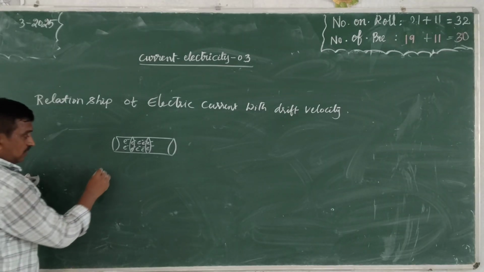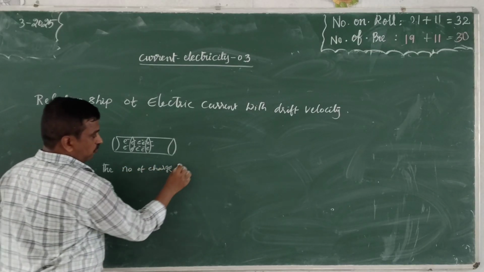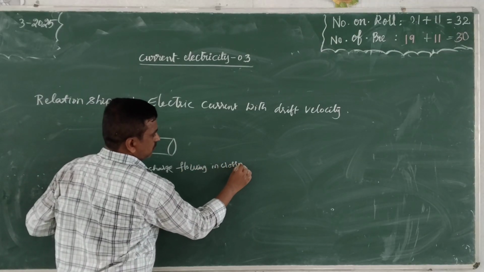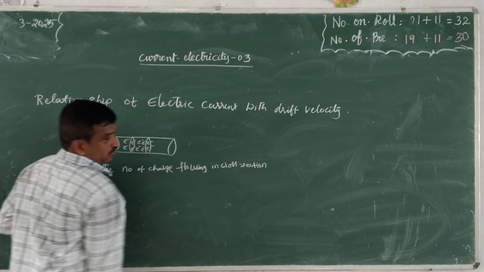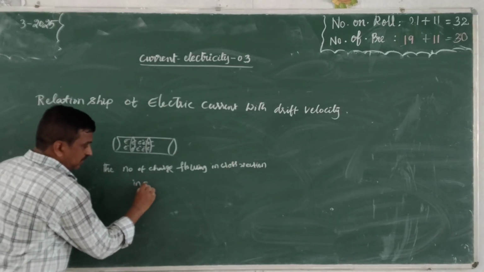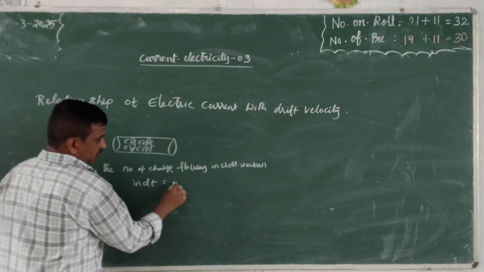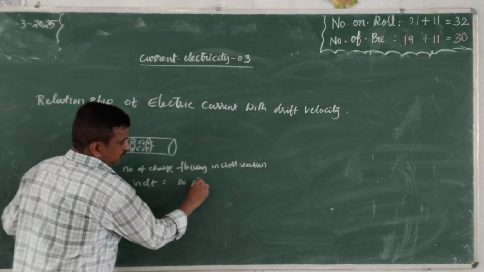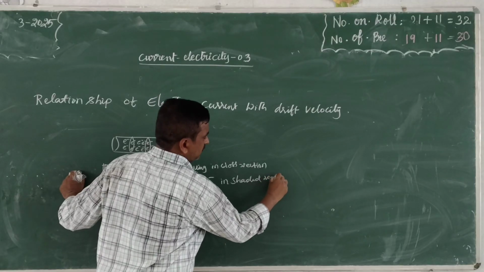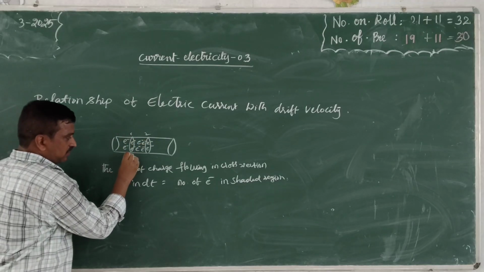The number of charges flowing across the cross section in dt time is the total number of charges, which equals the number of charges in the shaded region. See, for example, this is the region we can take. It is 1, it is 2, its distance is some L.